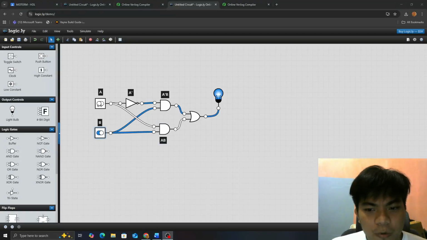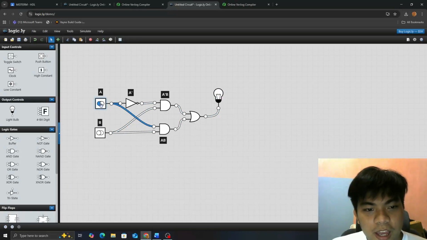Now, why do you think that is? A is almost irrelevant because no matter what we do with A, only B matters. The light will stay on as long as B is on, and no matter what we do to A, the light is unaffected by A. This is probably because of this not A gate, and this is an AND gate, so we need both outputs for this, but somehow we don't need the output from A if we switch on B. Why?